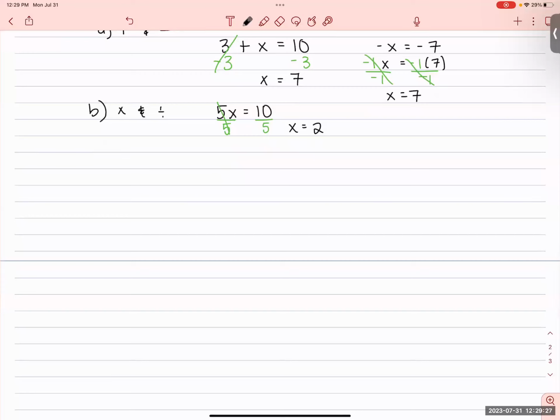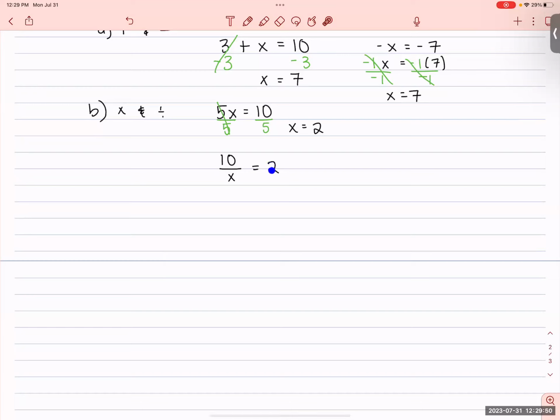I do want to go over with you, though, what happens if your x is on the bottom of a fraction. So if I said like 10 over x equals 2. Here, I always get a lot of students frustrated with trying to isolate the x. There is a trick.